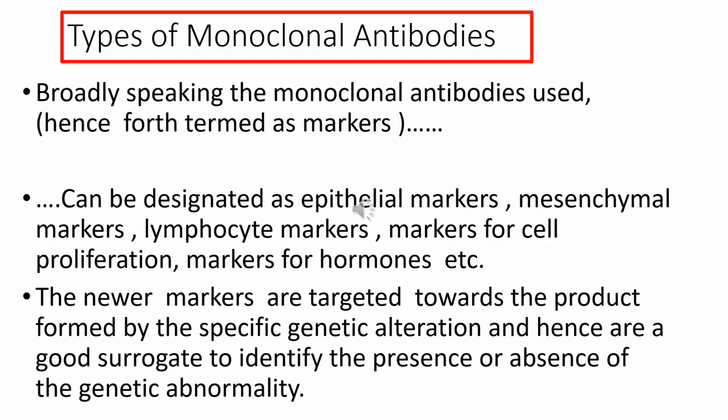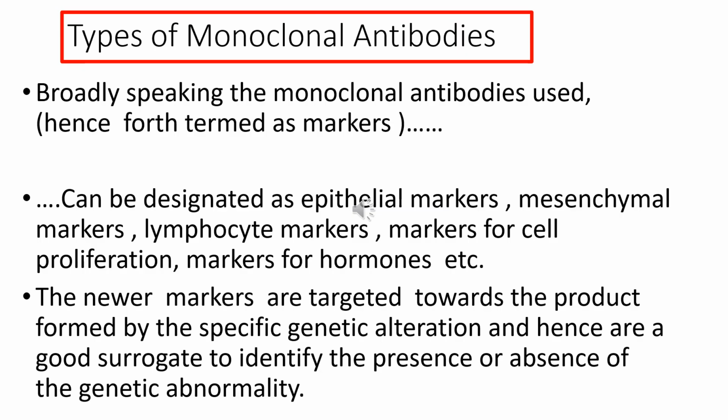Now, what are these monoclonal antibodies? Broadly speaking, the monoclonal antibodies, for which henceforth I'll use the term markers, can be designated depending on the predominant tissue which they normally stain.